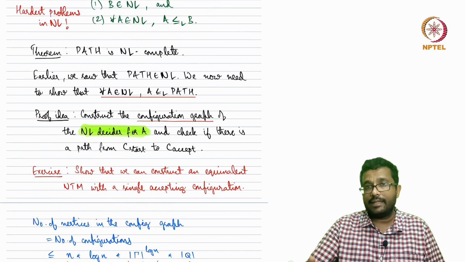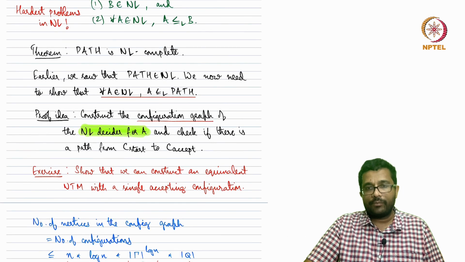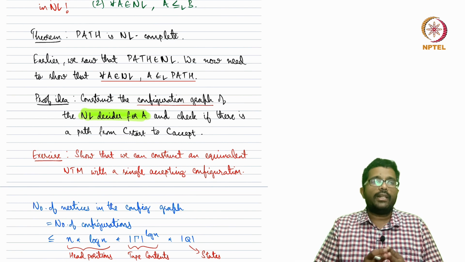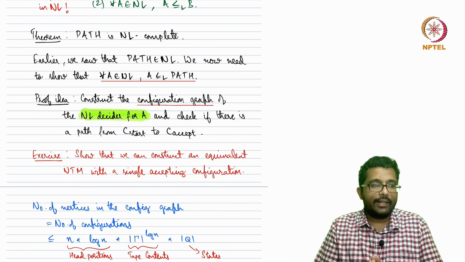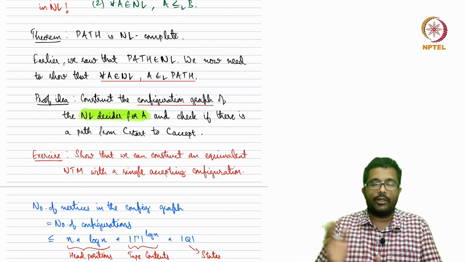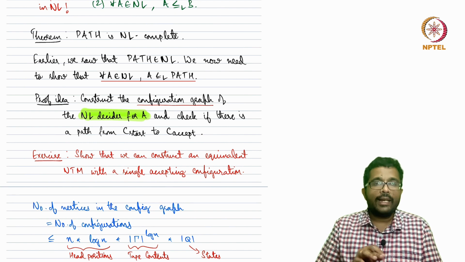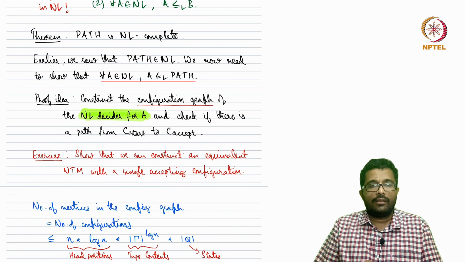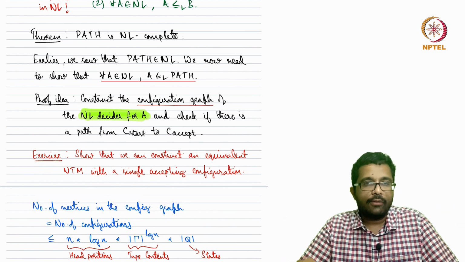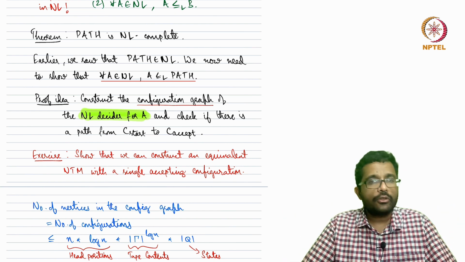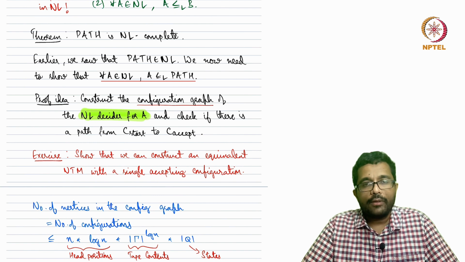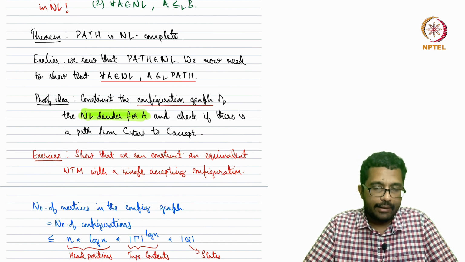We had already seen that PATH is in NL, and the proof idea was to suppose A is in NL and show that A reduces to PATH. A has an NL decider, and we look at the configuration graph of the NL decider. The configuration graph has 2 to the power O(log n) configurations, or polynomial in the length of the instance.